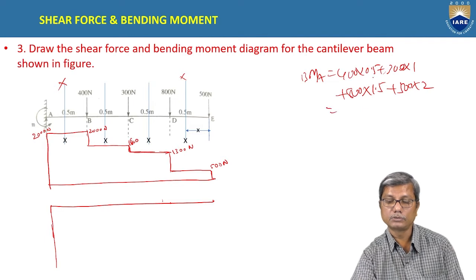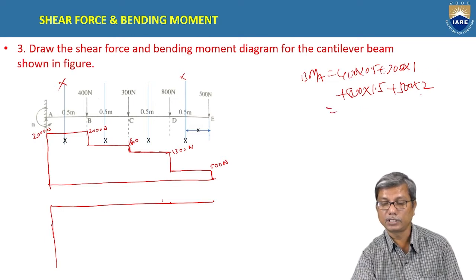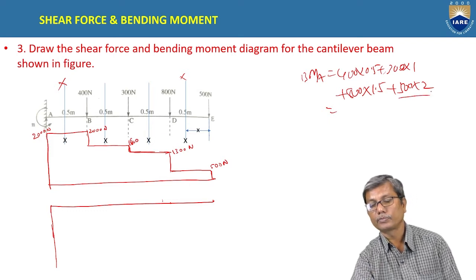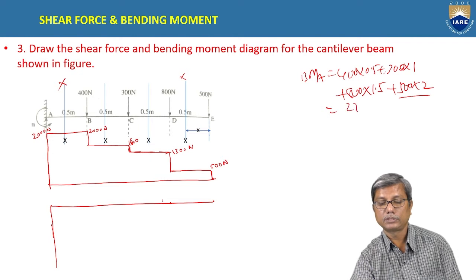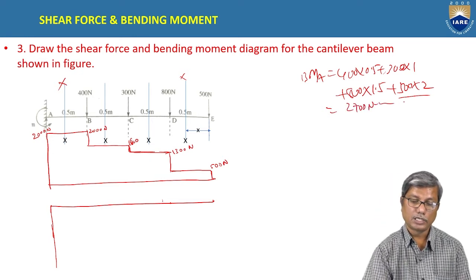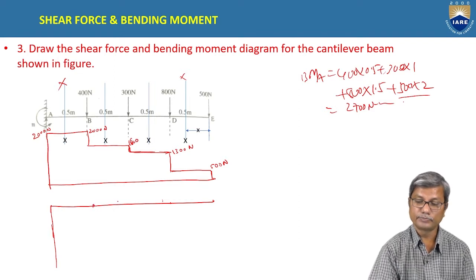So it becomes 200 plus 300, 500, plus 1200, 1700, plus 1000, okay? 2700 Newton meters.